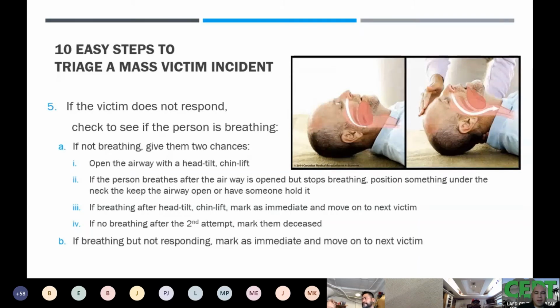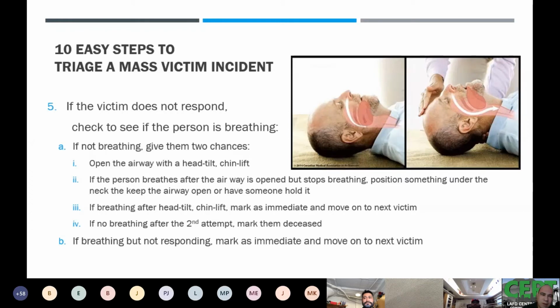If they start breathing, great. But what likely is going to happen is that as soon as you let go, the tongue is going to move back into position and block the airway again. So if you can put something underneath the back of their neck to keep their airway open, or one of your helpers can keep this person's airway open manually until they can find something to put under the neck, you're going to save this person's life. If they're not breathing, they're dead.